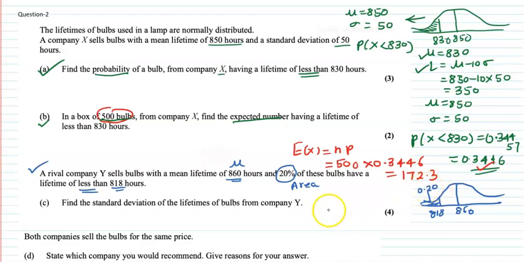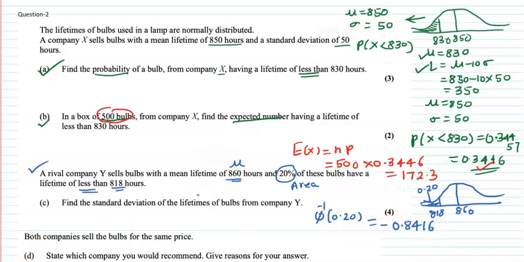So we apply inverse normal, phi inverse of 0.20. If we take standard normal, this value comes to minus 0.8416.